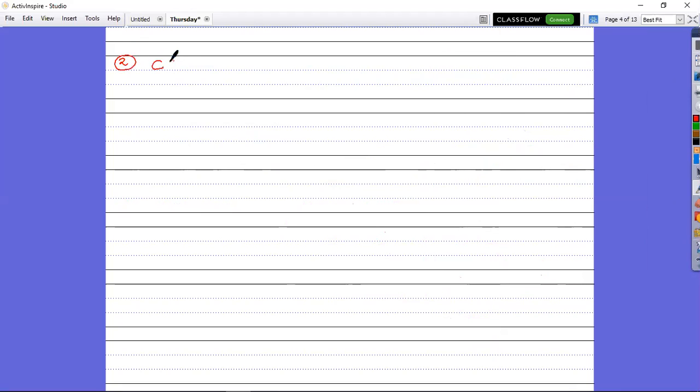All right, so I want to tell you that cosine of theta is equal to 3/4. So it's positive. And I want you to find me the positive value of sine of 1/2 theta.